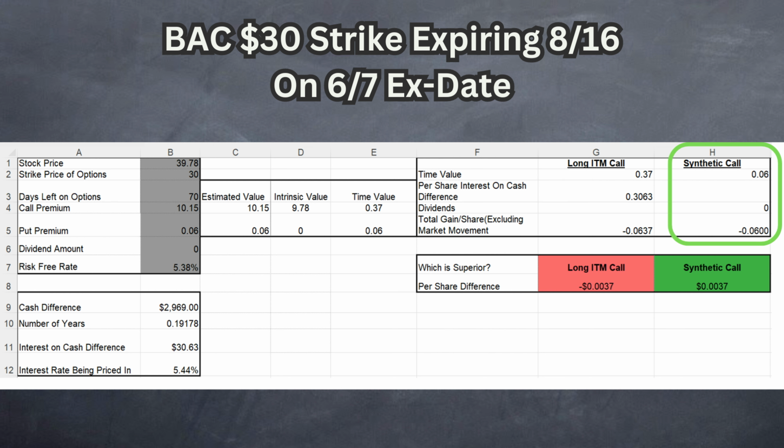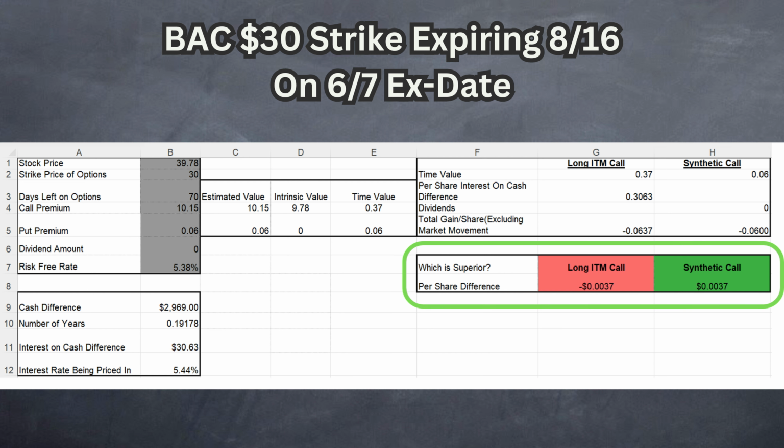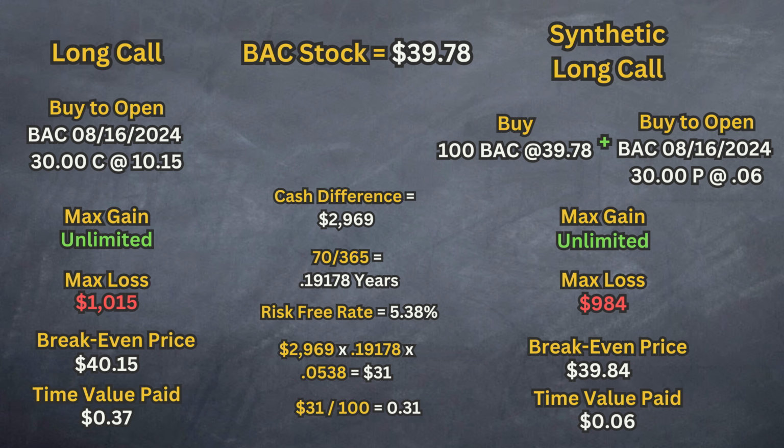And with the synthetic, we pay 6 cents of time value for the put and we receive no dividends because right now we're looking at the X date, not the day before. So the total loss for the synthetic would also be 6 cents. As you can see, the two trades perform the same and put-call parity exists, which is also what we determined when we did the calculations manually.